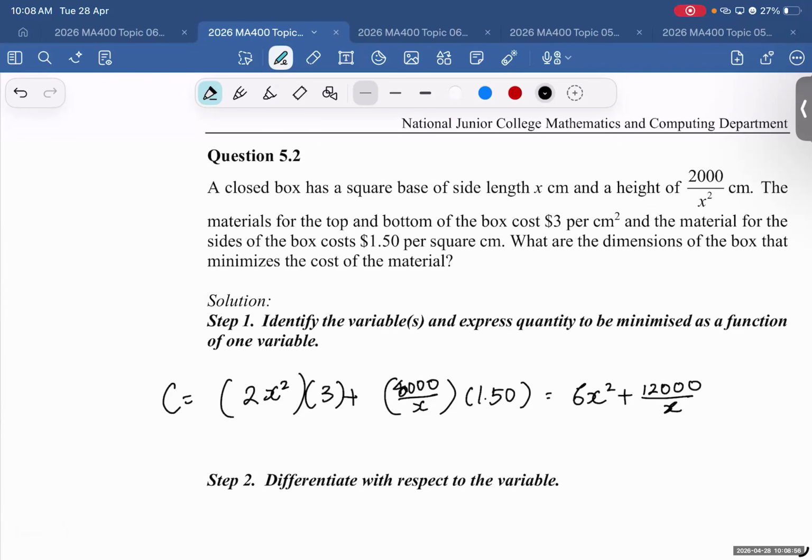Look at Caden, so happy doing maths. As he's doing it, he's smiling to himself. Zhe Kai also. I got x equals 1,000. Which one? Is it 1,000 or 100?